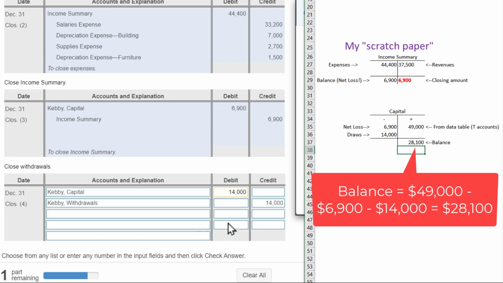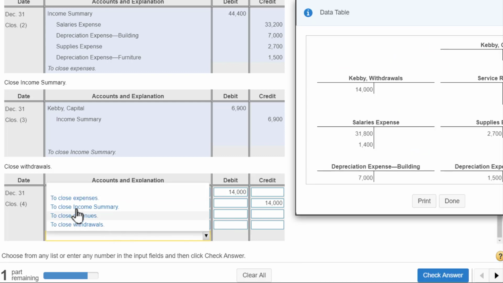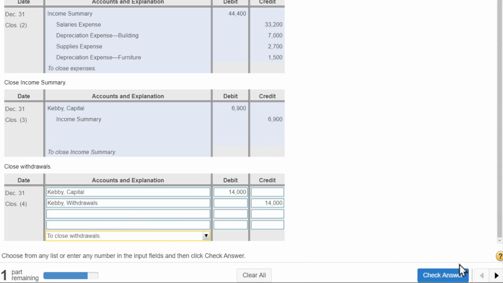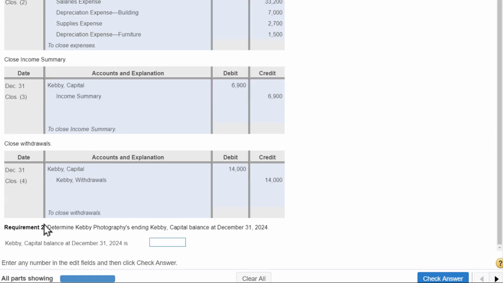So, but first, before we answer that question, I need to go back to my accounting lab, enter the explanation, check the answer. Fantastic. And then finally it says determine Kebby Photography's ending capital balance.